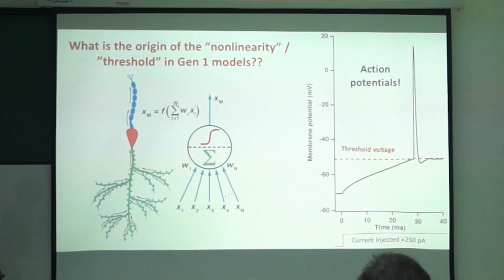So the fundamental question that Hodgkin and Huxley asked was, what exactly is the origin of this threshold voltage? How do you get this 1 millisecond signal as a consequence of crossing this threshold voltage?